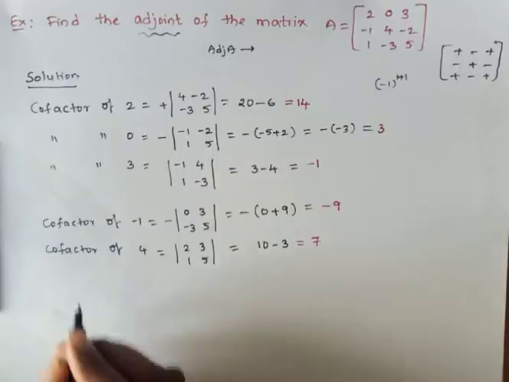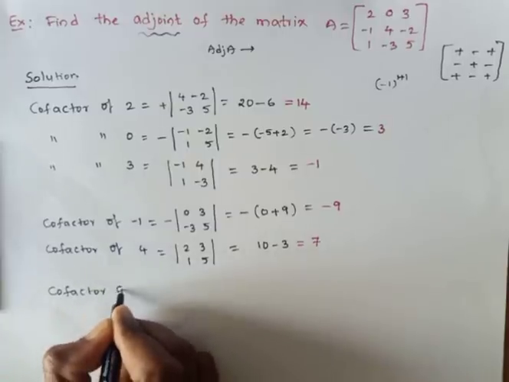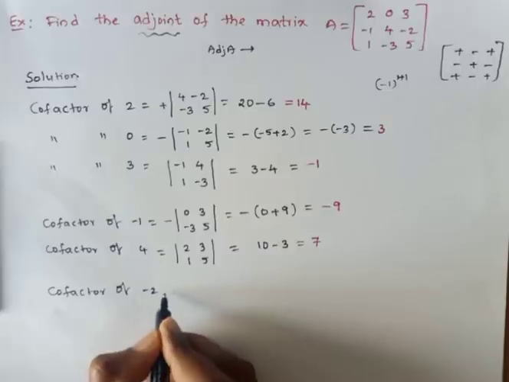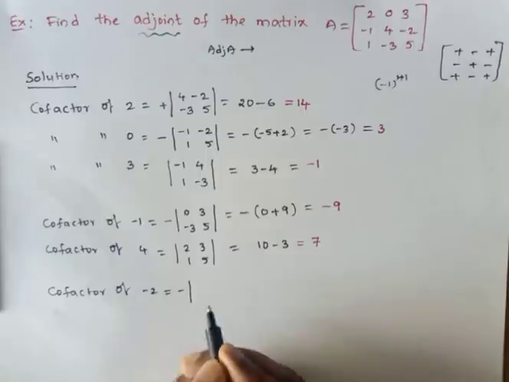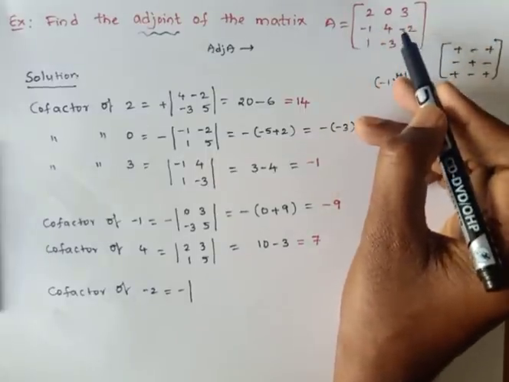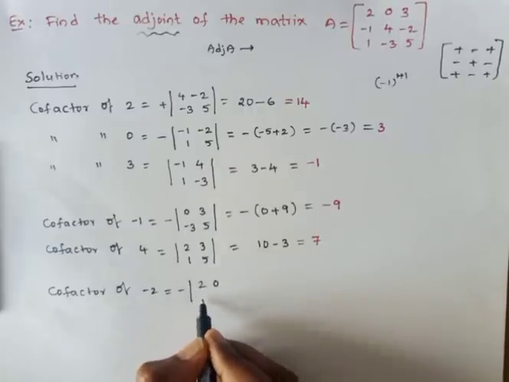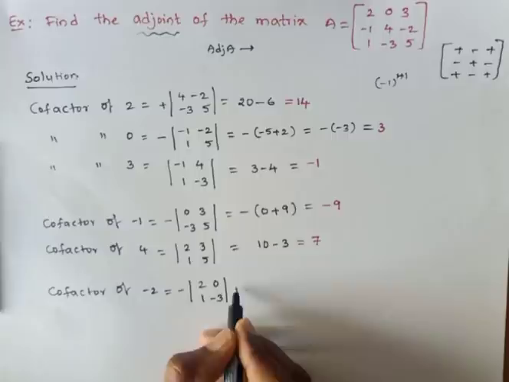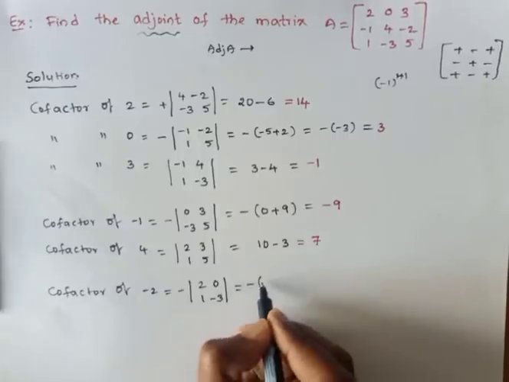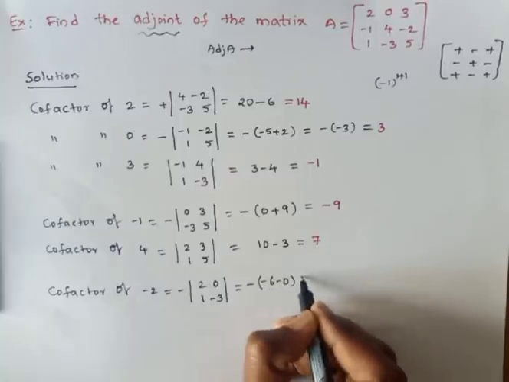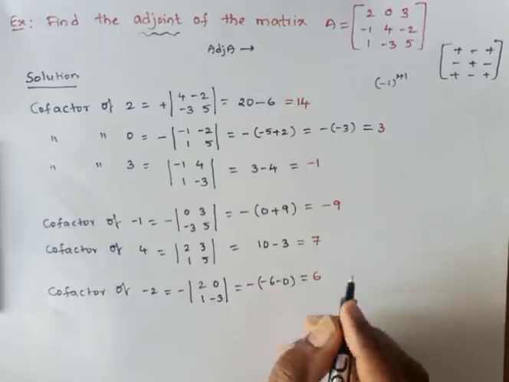Next, the cofactor of -2. The sign of -2 is minus times the minor. By deleting this row and column, we get 2, 0, 1, -3. Then it is minus of 2 times -3, which is -6, minus 0. So minus into minus, it is plus 6.